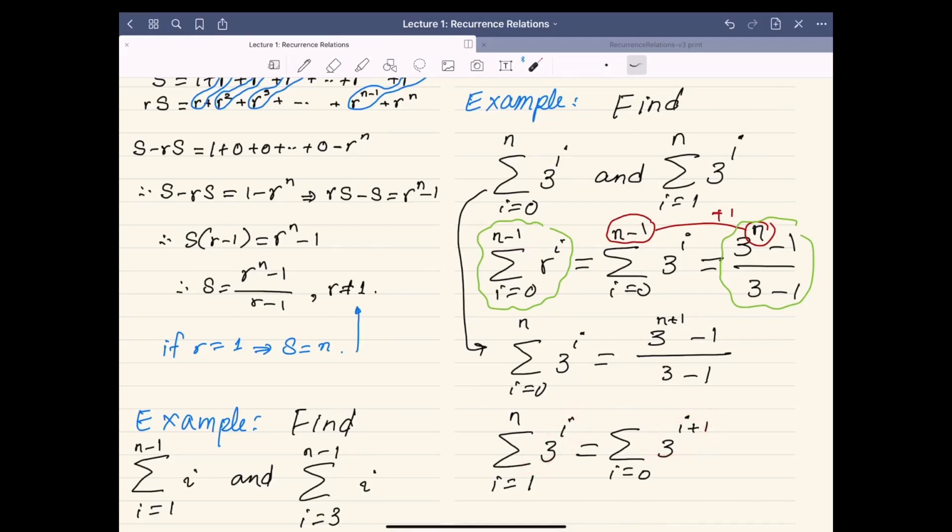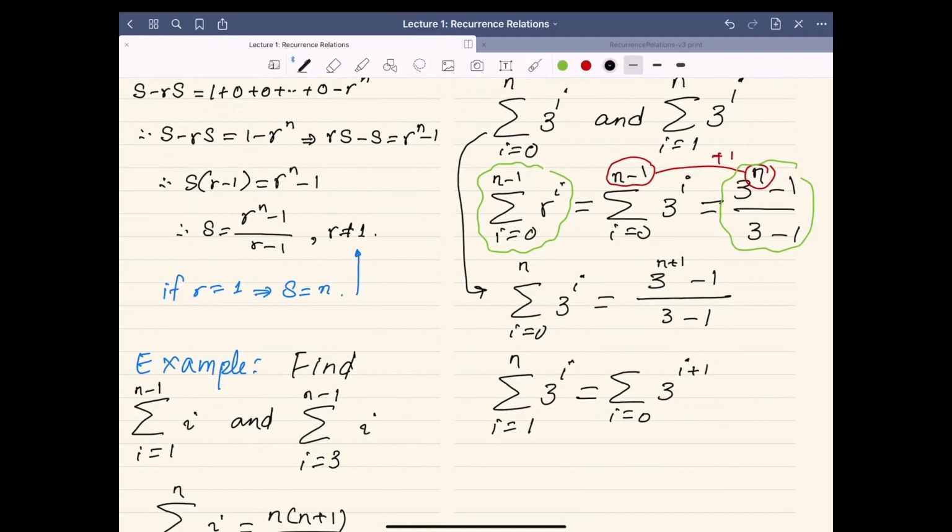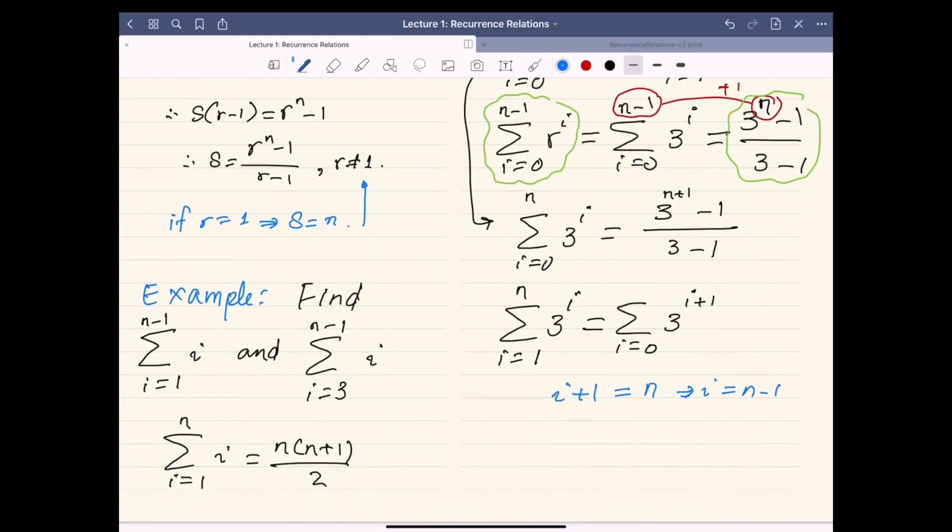Now for the last number in the sequence, like what we have done for the arithmetic sequence, i plus 1 is equal to n, because see, this is the one we want to find, it goes up to n. If I want to make i plus 1 reach n, then solve this equation, so i is equal to n minus 1. Now substitute. So we have the summation that i goes from 0 up to n minus 1, 3 raised to power i plus 1.